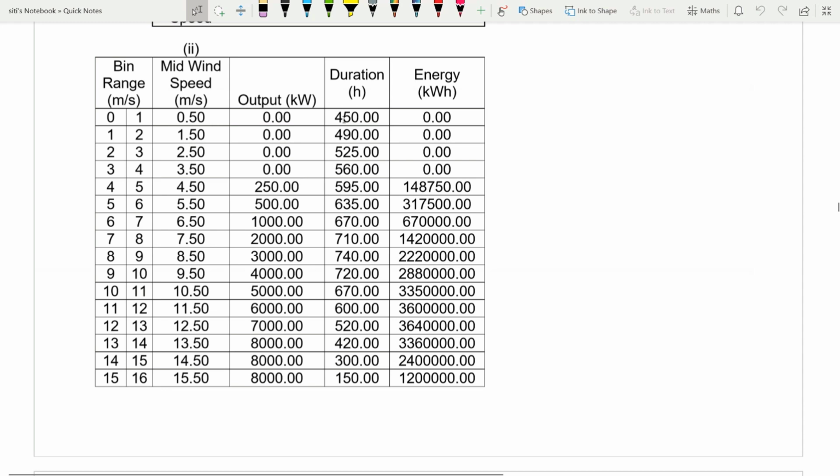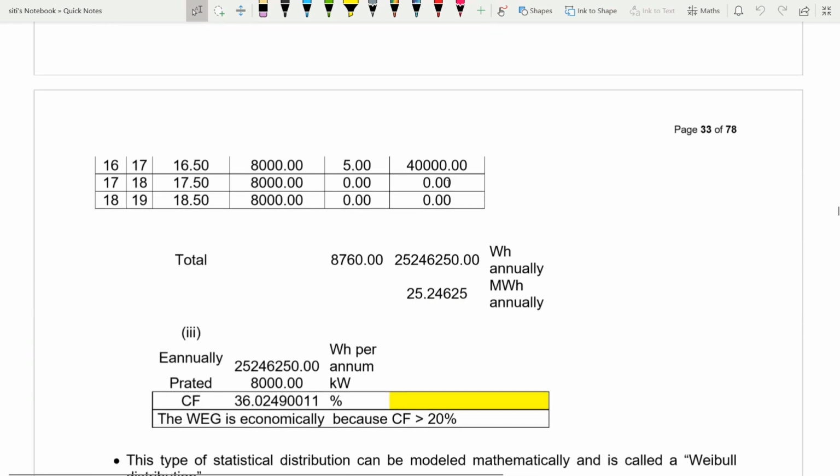So 0 multiplied with 450, you get 0. Here 250 multiplied with 595. You total up all, and you get 25,246,250 watt hour annually. Then convert into megawatt hour, so you get 25.24 megawatt hour annually.